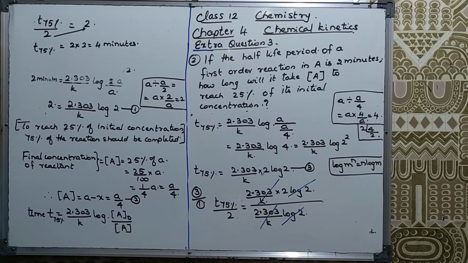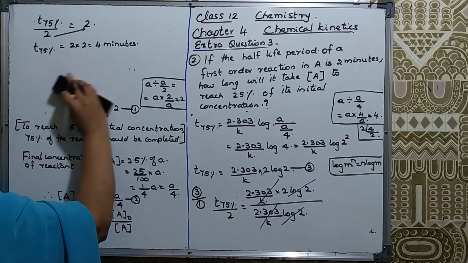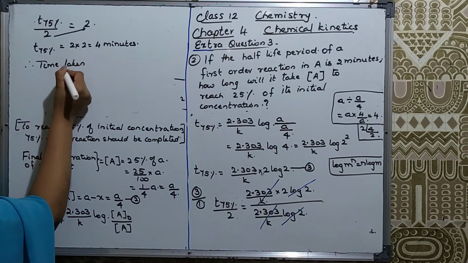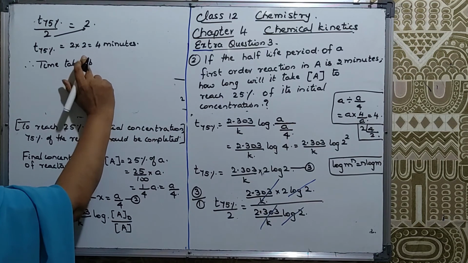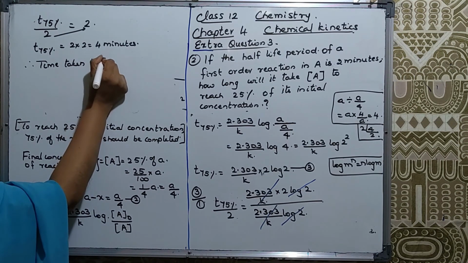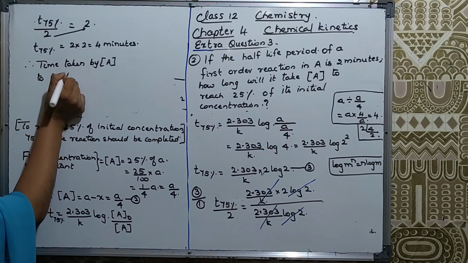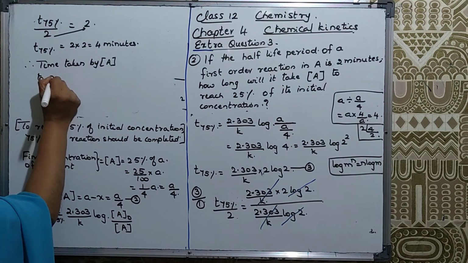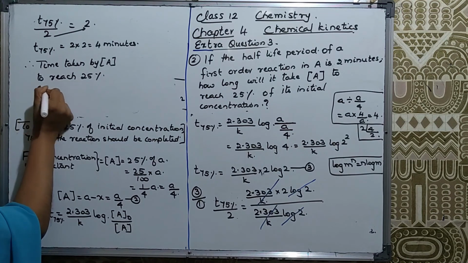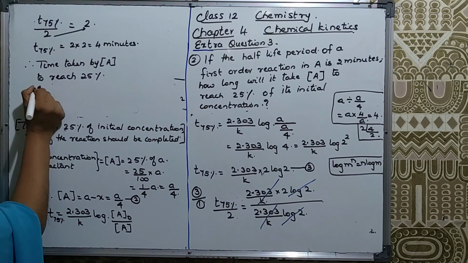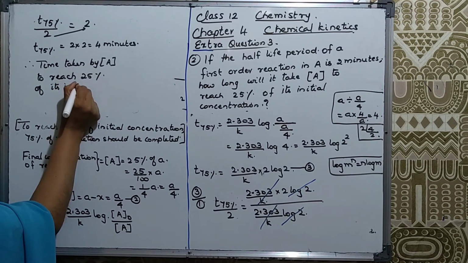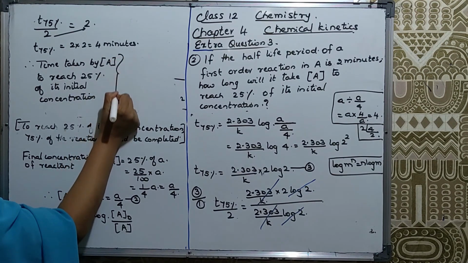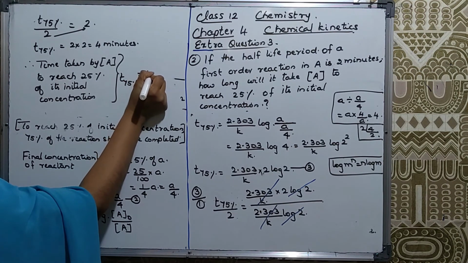Therefore, the time taken by A to reach 25% of its initial concentration, that is T 75%, is equal to 4 minutes.